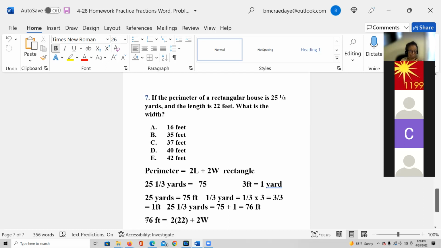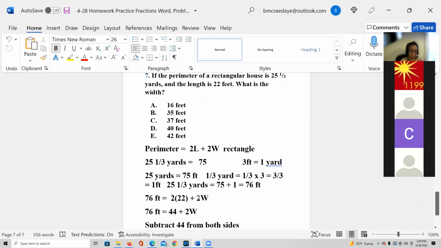So the perimeter of 76 feet for this house is 2 times the length of 22 feet plus 2 times the width, 2W. So we only have one unknown here, and that's W. At this point, you want to solve for W. To get 2W on the right side, you've got to get the 44, 2 times 22, to the other side.